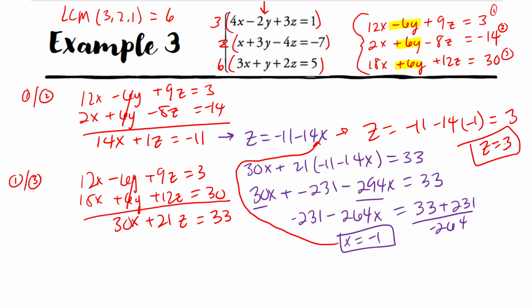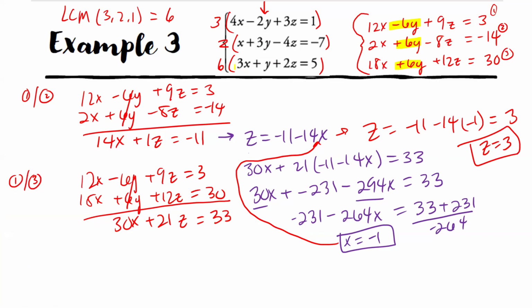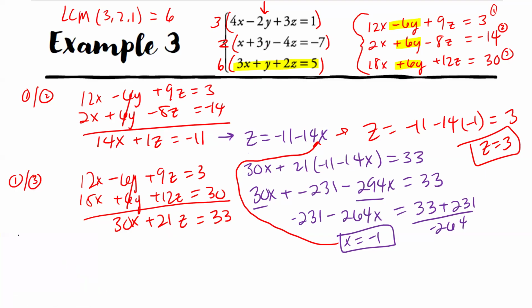Now that I have x and z, I can go back to the original and choose one to solve for y. The one I'm going to choose to solve for y is going to be the third equation from the original problem because y can easily be isolated. Okay, so we have 3 times negative 1 plus y plus 2, equals 5.